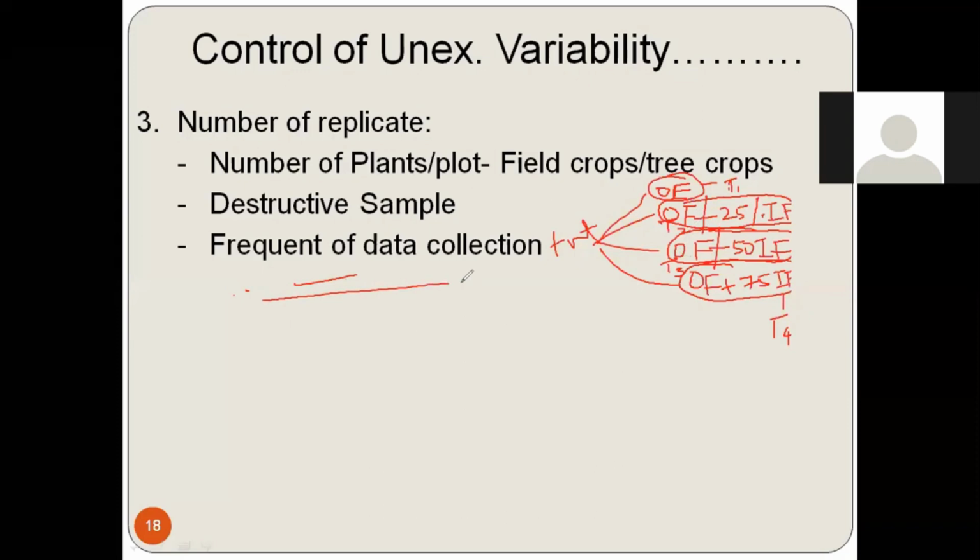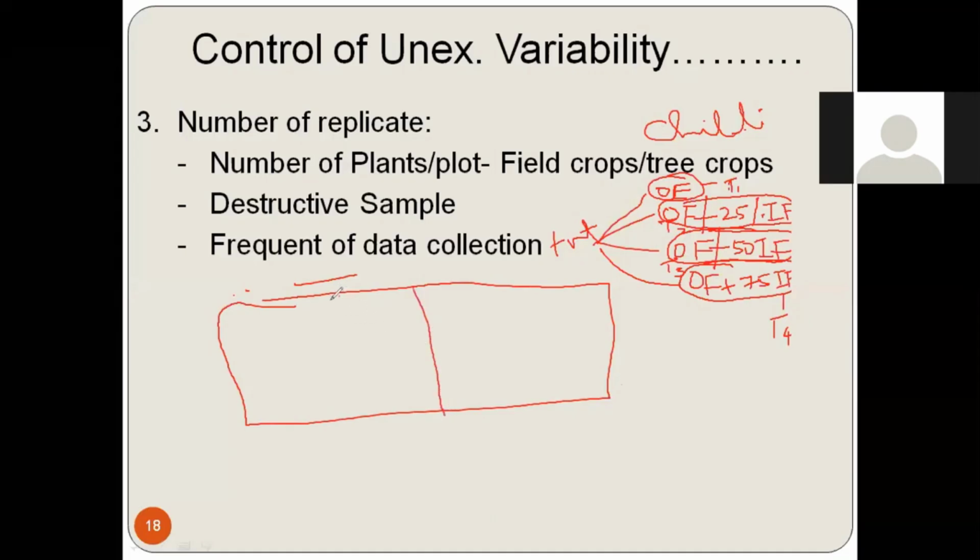Right, now this is the plot. I'm going to test with chili plant. What is the crop? Chili. This is in the field, right?